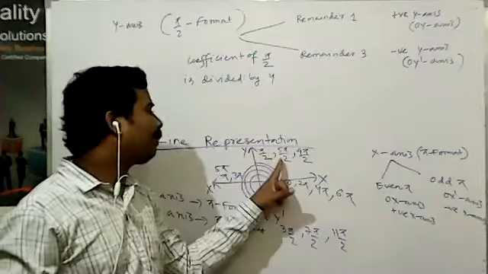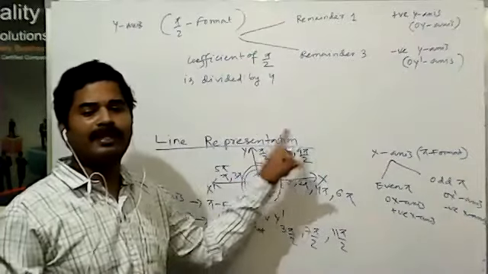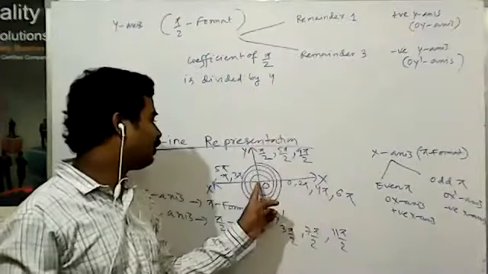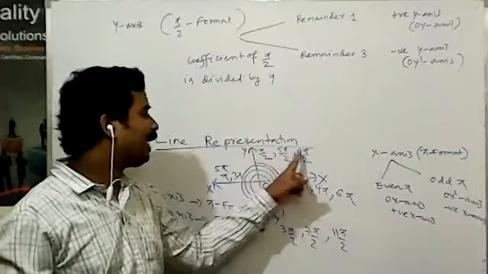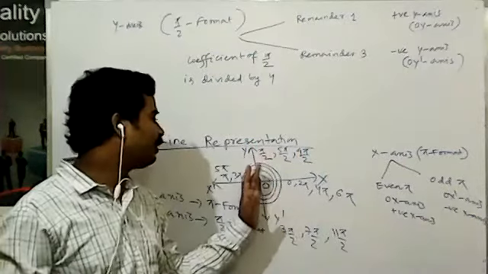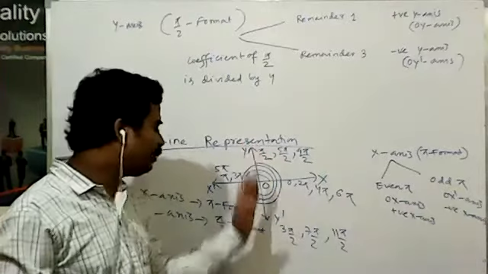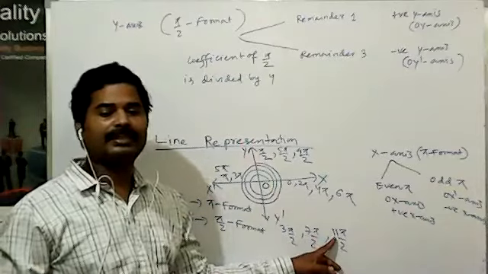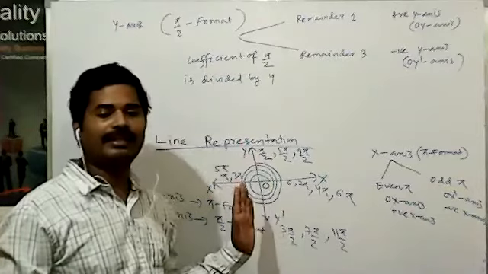Here 5 pi by 2 means 5 divided by 4, the remainder is 1. That means this is the positive y-axis. 9 divided by 4, the remainder is 1, so this is the positive y-axis. Similarly, 11 divided by 4, the remainder is 3, that means negative y-axis.